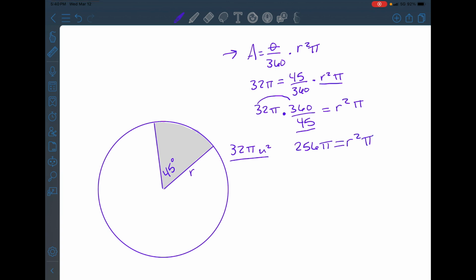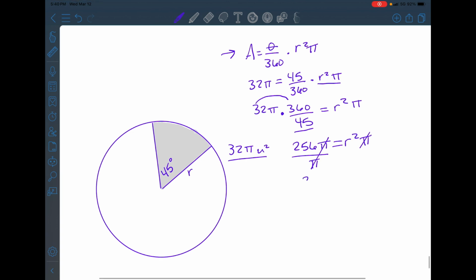And so now I can take apart whatever's with r. Okay, so pi is multiplying to r. So I'm going to divide it onto the other side. Pi divided by pi is just 1, I don't have to put it.